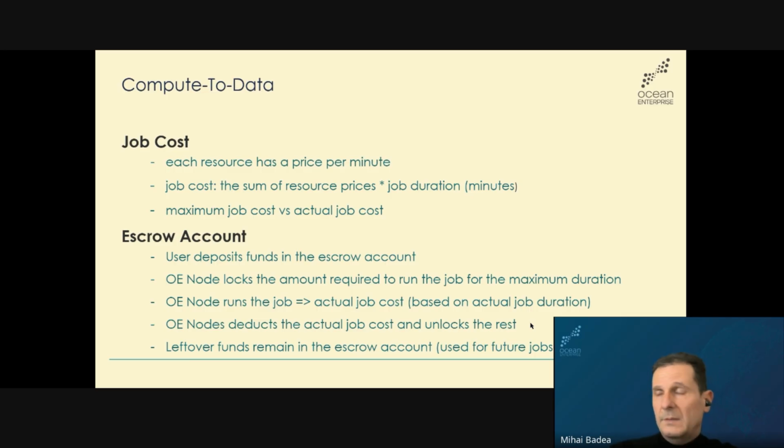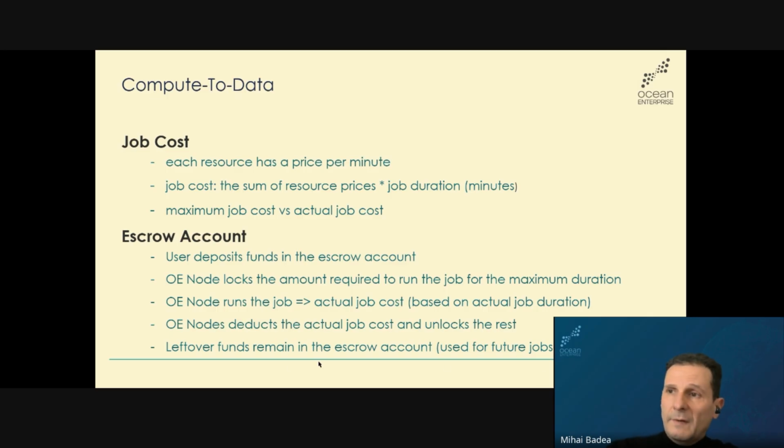So if we are referring to the previous example, if the user deposited €30 in the escrow account and the node ran for only 2 minutes, then the node will take €6 from the escrow account and will release the remaining €24 back to the user.